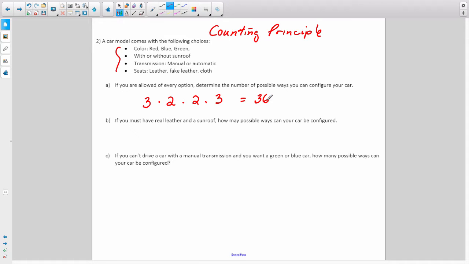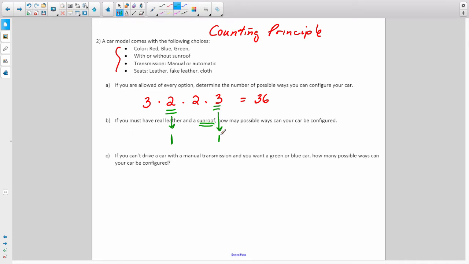Okay, so you know what that's doing? That's taking this guy and saying, sorry, you have to have a sunroof, and there's only one way to choose that option. And then the other one with the real leather, that's like saying you have no choice. So you multiply by 1.